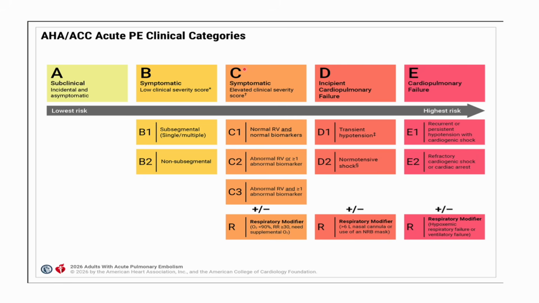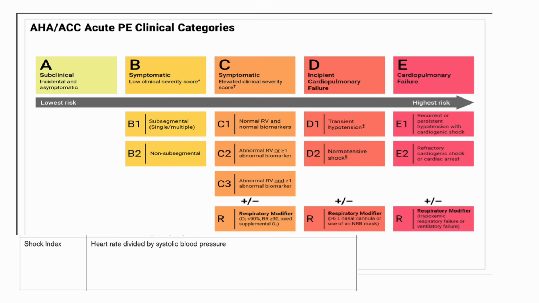These are symptomatic and they also have an increased risk of adverse outcomes. So this group of patients is someone we have to be very, very careful with. And because there is an inclusion of the biomarkers and the echo profile in this category, it allows for recognition or absence of cardiopulmonary dysfunction. What are the biomarkers that we should do? We'll be talking about it in the coming few images.